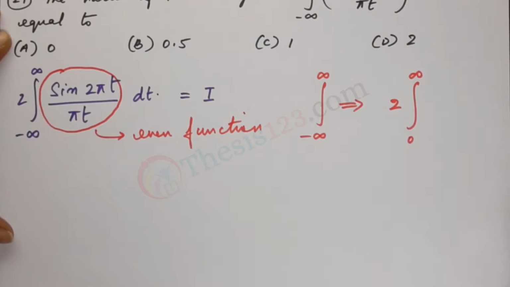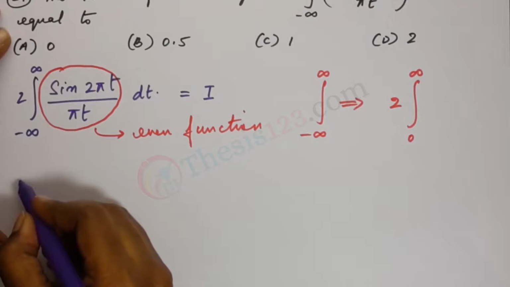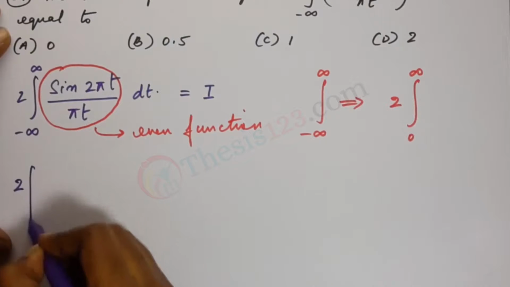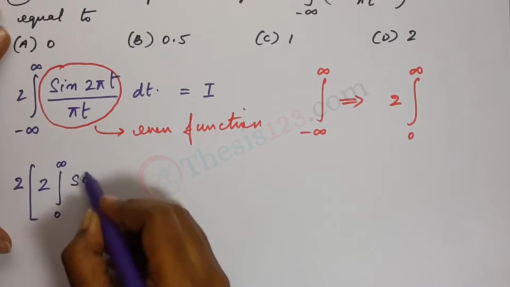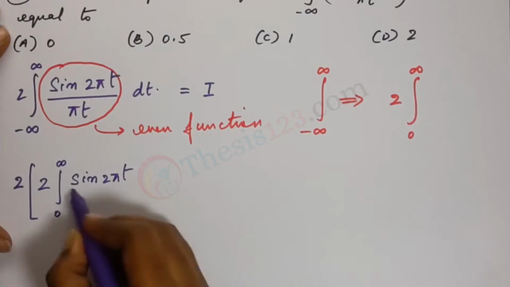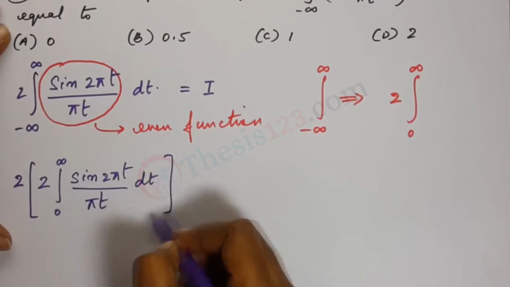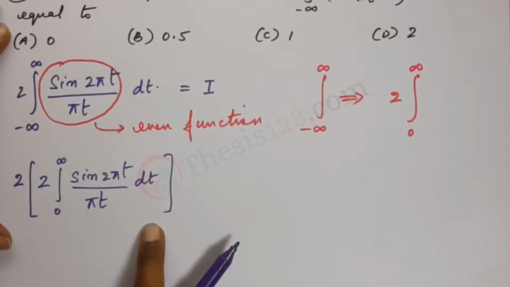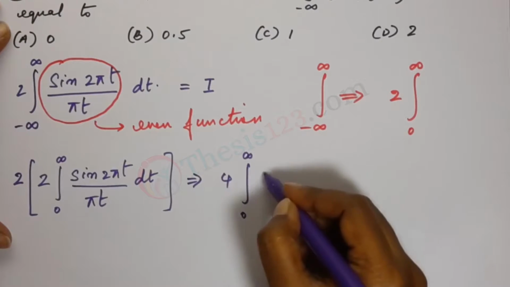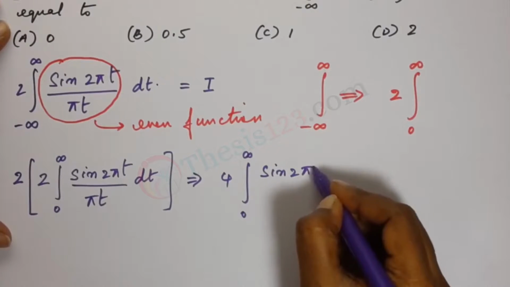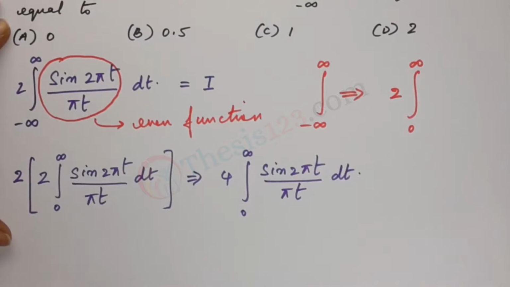So let's write this now using this explanation. We will have 2 into 2 times the integral from 0 to infinity of sine 2 pi t by pi t dt. I hope this makes sense. Now this becomes 4 times the integral from 0 to infinity of sine 2 pi t by pi t dt.